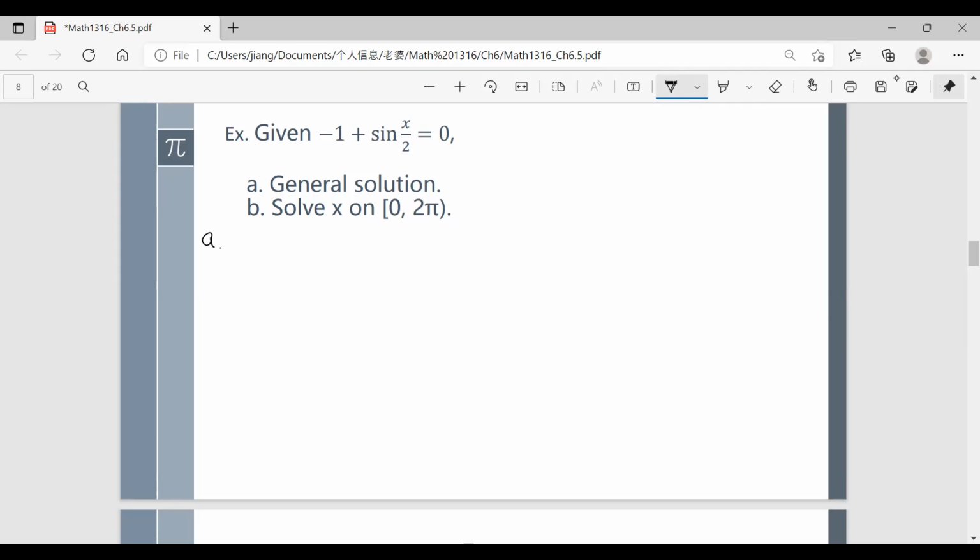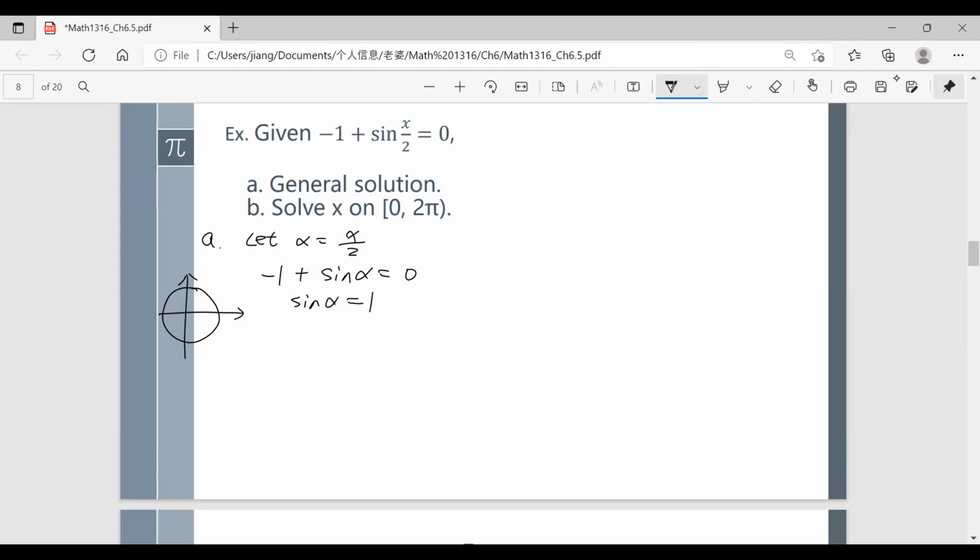Always make sure to convert to x over 2 equals alpha and solve for sine alpha. So let alpha equals x over 2. So -1 plus sine alpha equals 0, so sine alpha equals 1 because I need to add 1 to both sides.